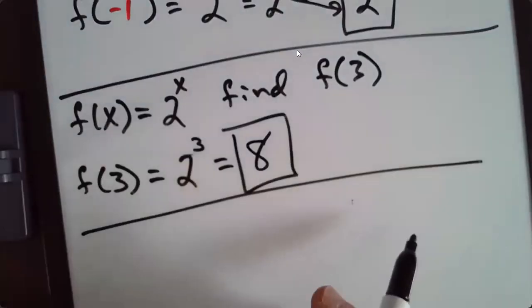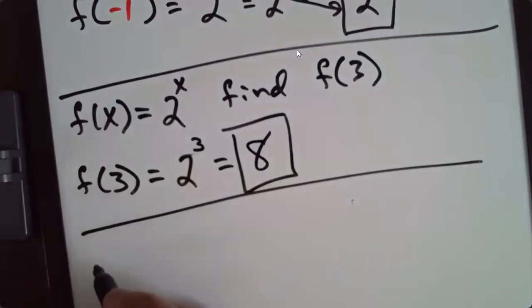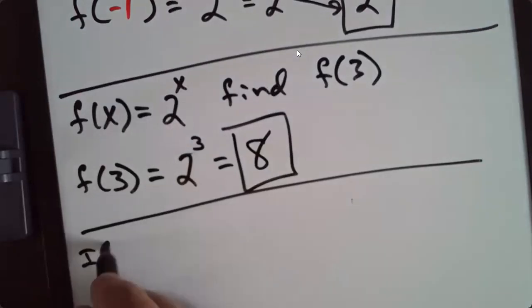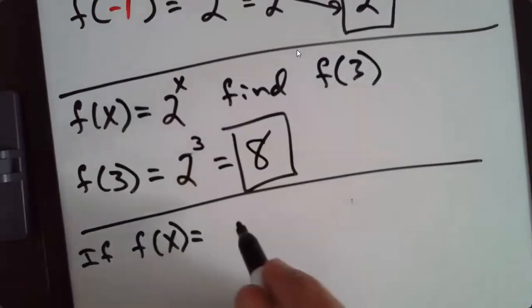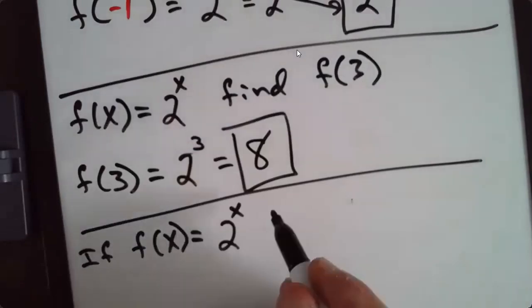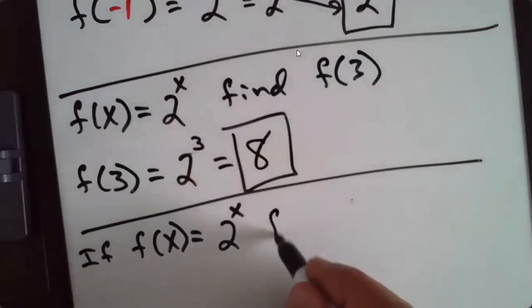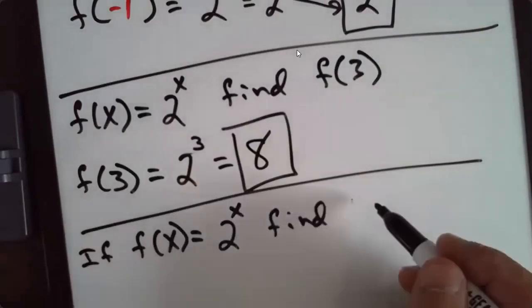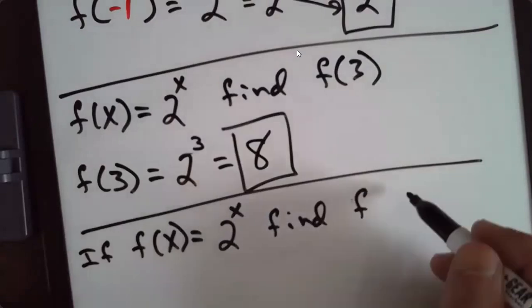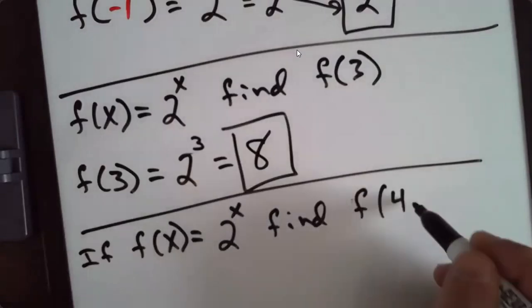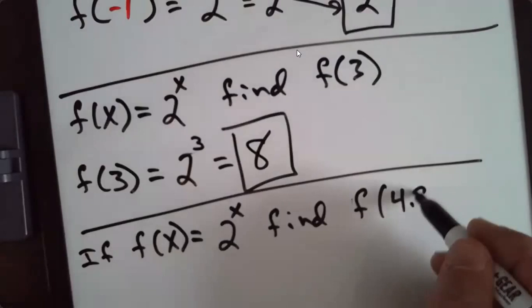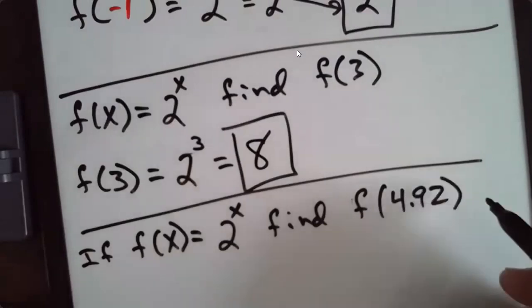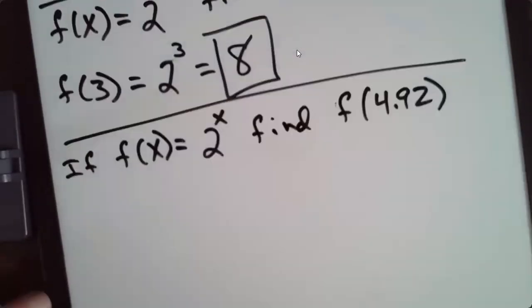Okay, well, let's say, again, we have f of x equals 2 to the x power, and we want to find f of 4.92. All right, well, this one you have to use the calculator.